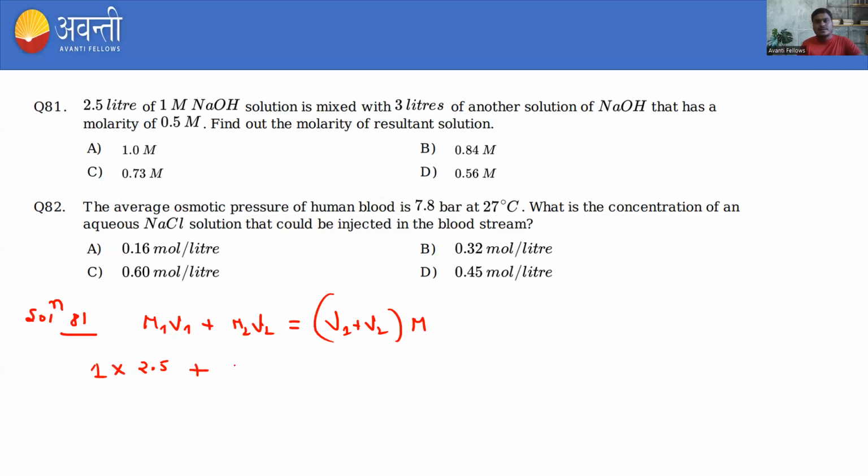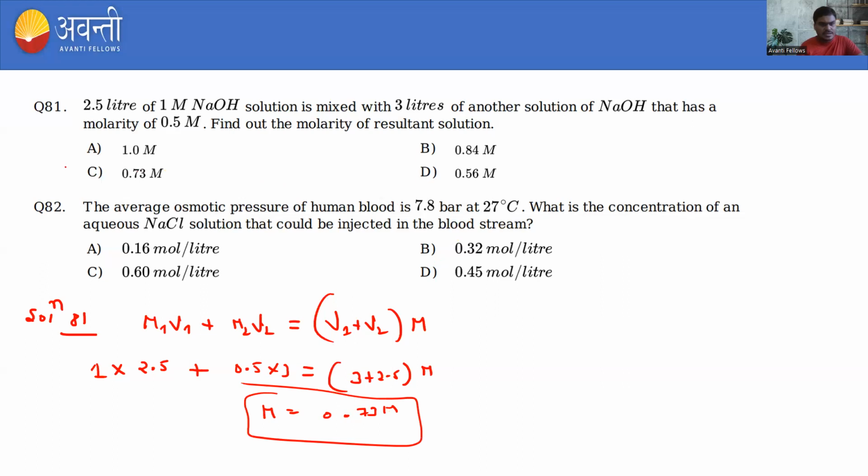Similarly, 0.5 molarity and volume is 3 liter. And the total volume is 3 plus 2.5, and this is M. So just calculate M, you'll get this value. It's a very simple one. It comes out to be 0.73 molar. So option C is absolutely correct.